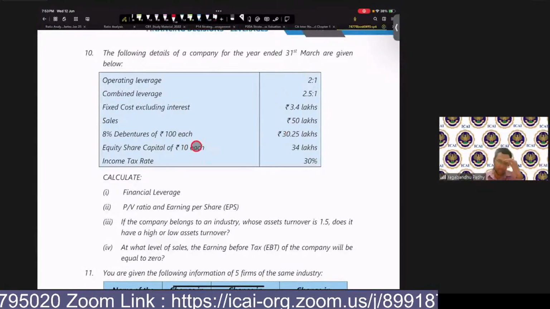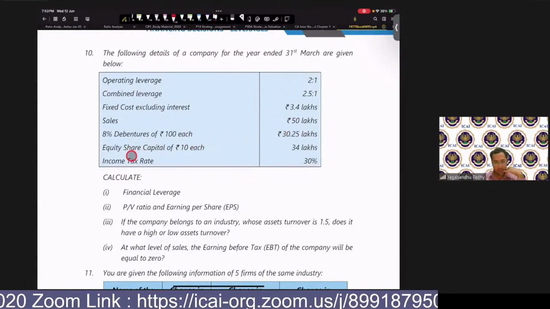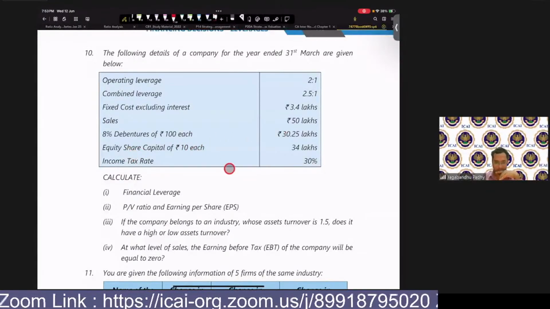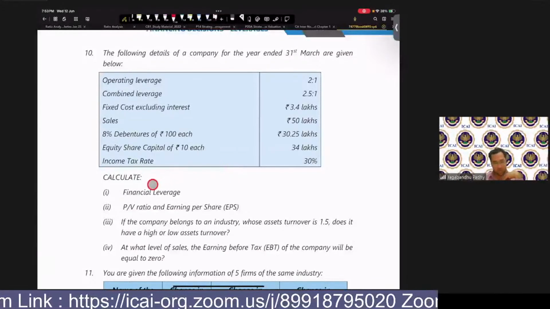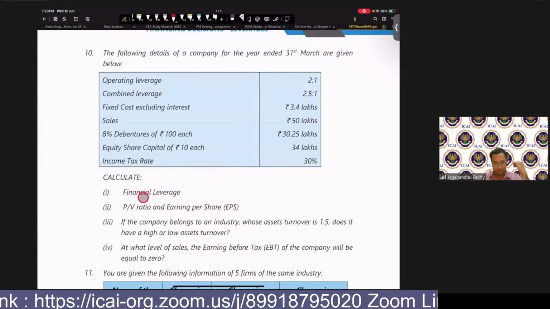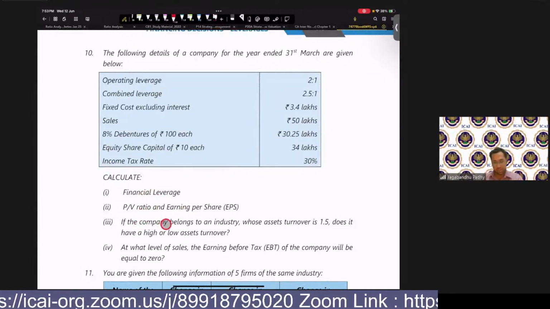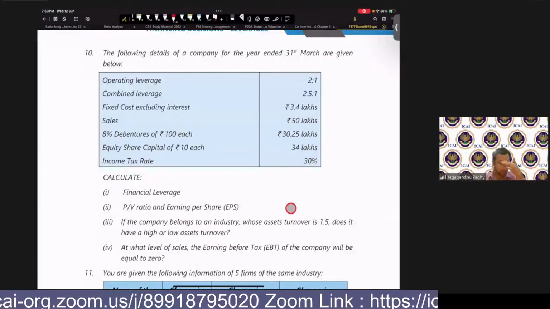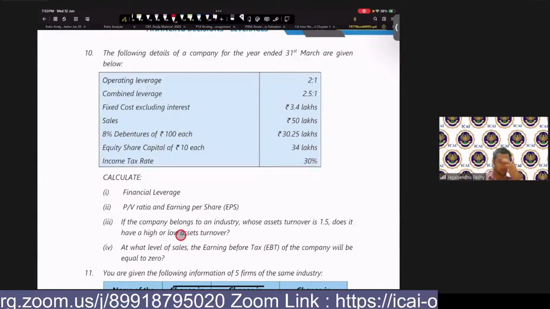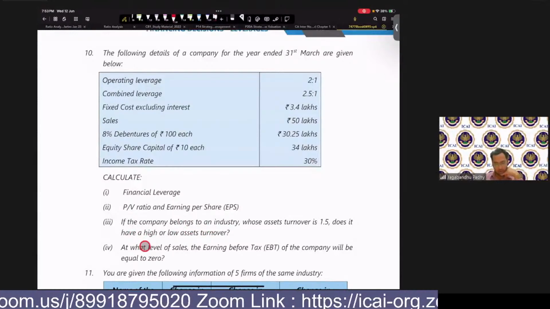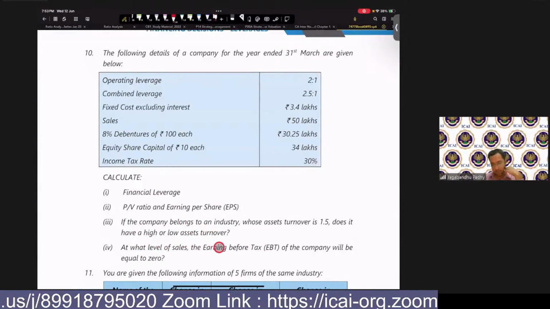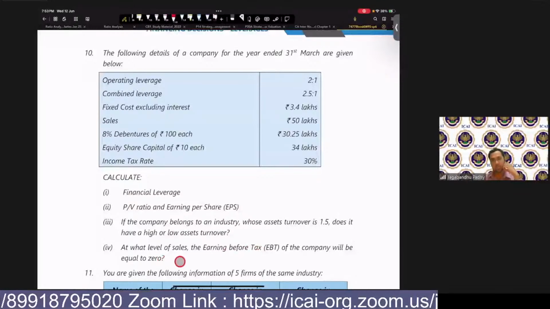Share capital of rupees 10 each, which is 34 lakhs. And income tax rate of 30%. We need to compute the financial leverage, PE ratio, earnings per share. If the company belongs to an industry whose asset turnover is 1.5, does it have a high or low asset turnover? At what level of sales will the earnings before tax of the company be equal to zero?